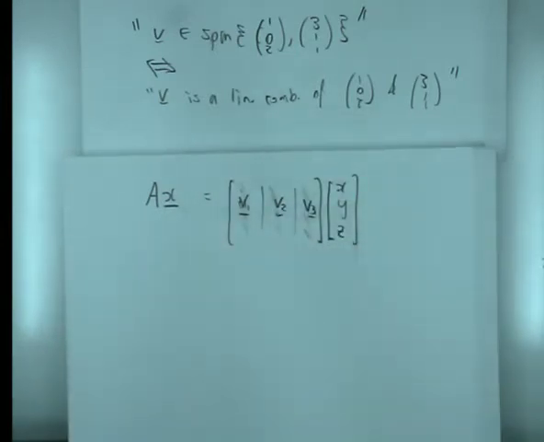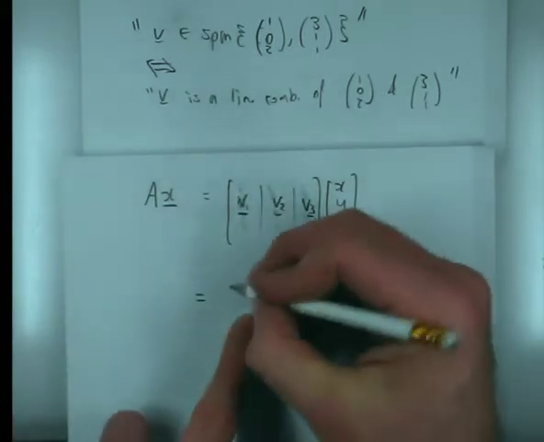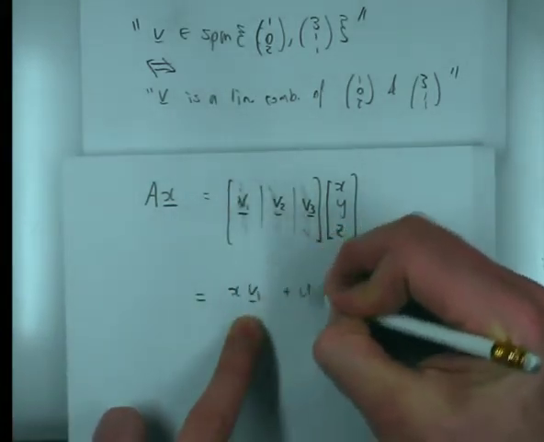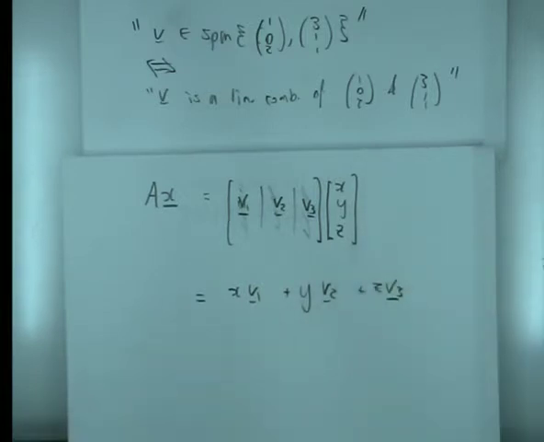There is one more way of thinking about matrix multiplication, and that is just treating it as if it was an ordinary dot product. This times this, plus this times this, plus this times this. So, having a matrix and multiplying it by a column means that what you're doing is you're specifying a linear combination of the columns to do.